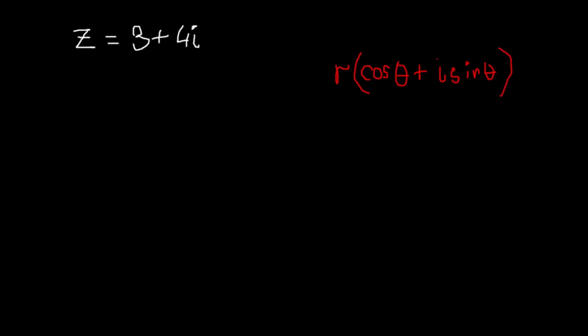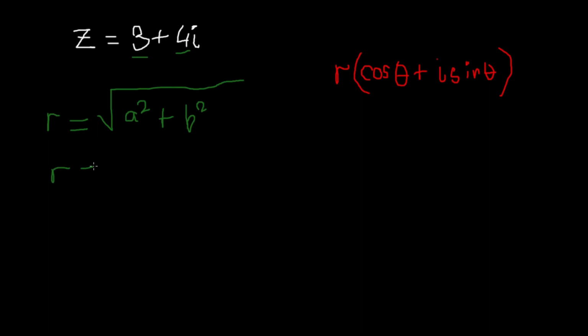It should be like that. So let's use the formulas given before to find it. So to find r, it's the square root of a squared plus b squared. This is our a and this is our b.